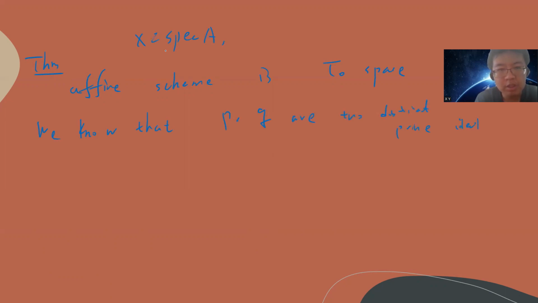We want to say that there is a closed set that covers P but Q does not belong to this closed set, or V is a closed set that covers Q but P does not belong to this closed set. It's very simple.